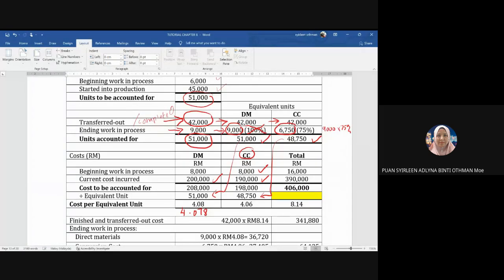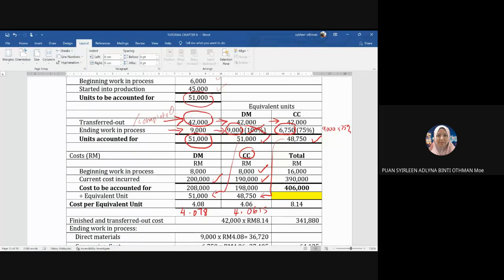So for conversion cost kita ada 48,750. Kita akan divide dengan 198,000. Kita akan divide dengan 48,750. So yang ni you dapat dalam kalkulator tu is 4.0615. That's why saya ambil RM4.06. Okay.